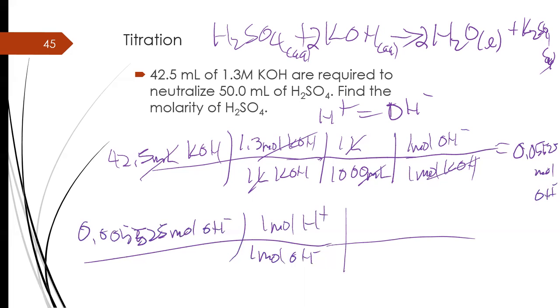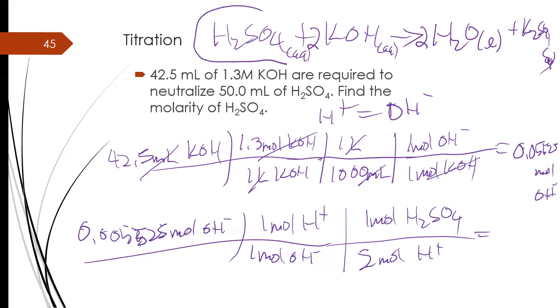And we know that 2 moles of H plus is 1 mole of H2SO4, and we can see that from our original equation. So now we have 0.027625 moles of H2SO4. If we think about sig figs, we really should only have 2, so 0.028.